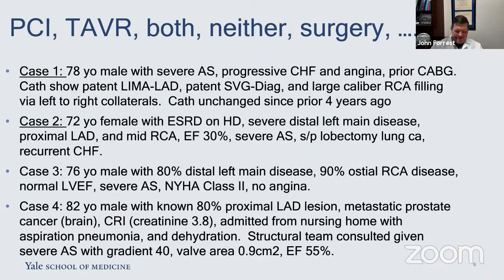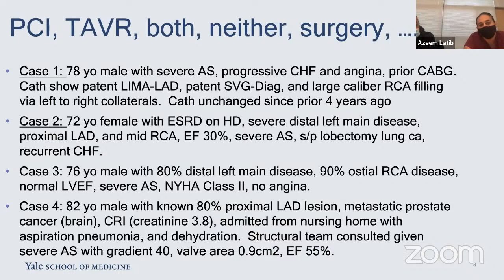What are your thoughts? Well, I think this case is pretty straightforward. I mean, he has unchanged angiography, and the angina may be related to the severe aortic stenosis. I would go to fix the valve.